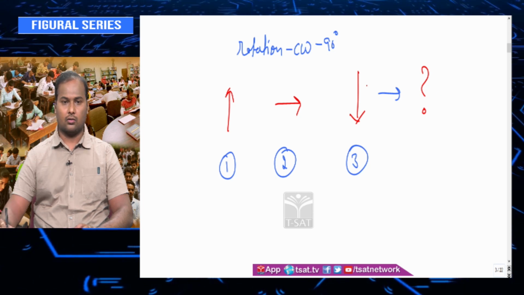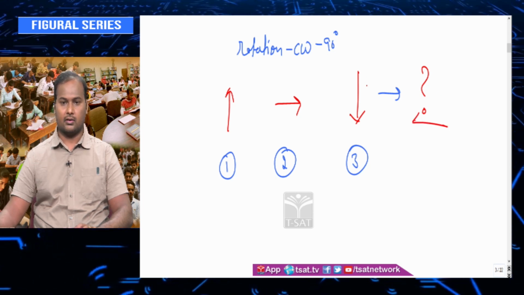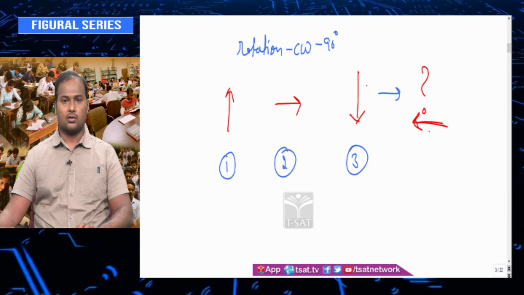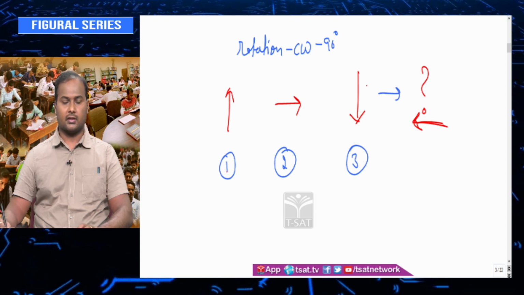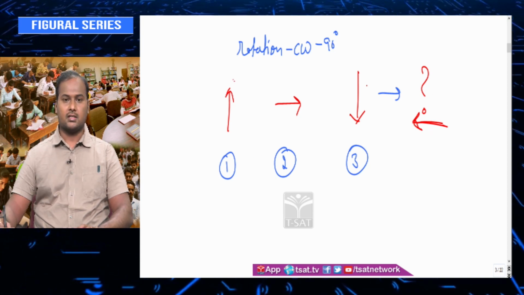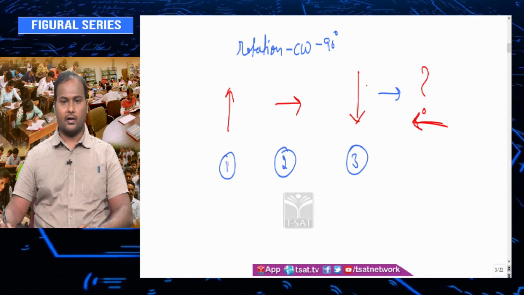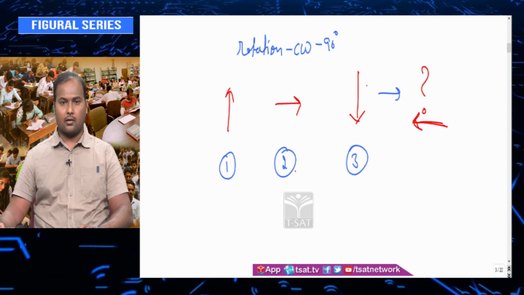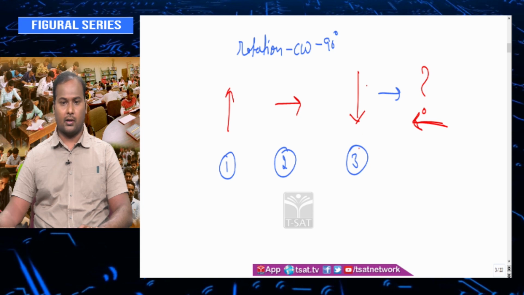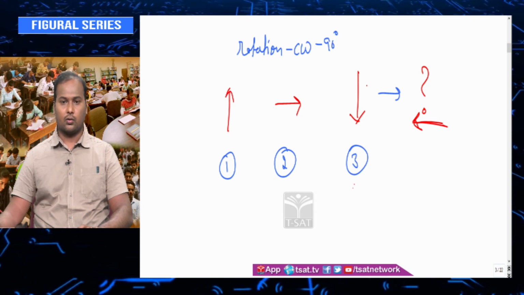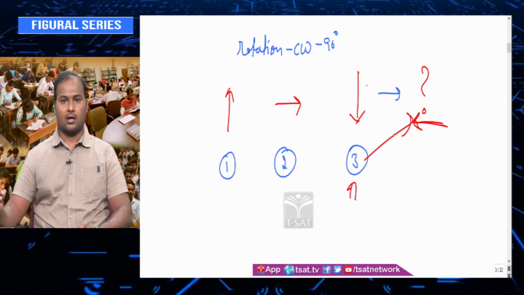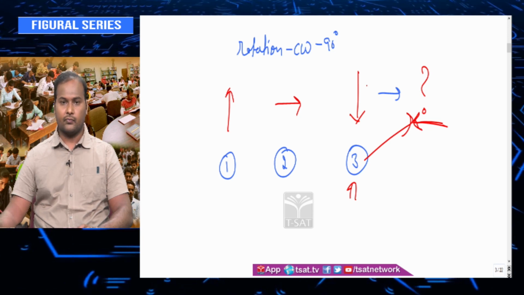Obviously now your answer figure will be in this particular direction. So what is series? Series is nothing but observing the change in the pattern from one figure to the next figure. After observing the change, apply that change to the question figure to get the answer. This is nothing but a series.